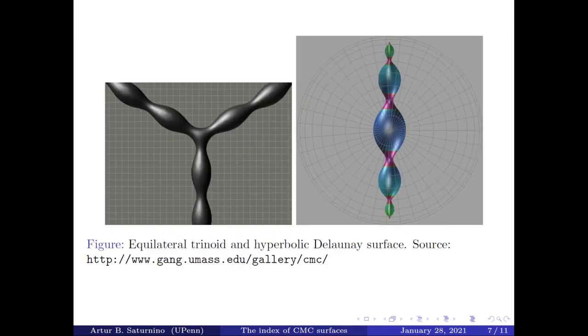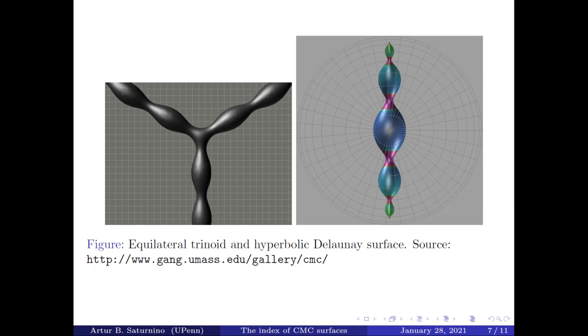The next couple of examples are non-compact. The first one is the equilateral trinoid, which is embedded in Euclidean three-space, and the second one is the hyperbolic Delaunay surface, which is embedded in hyperbolic three-space. These both have infinite index because they have infinitely many necks where you can squeeze to decrease area.